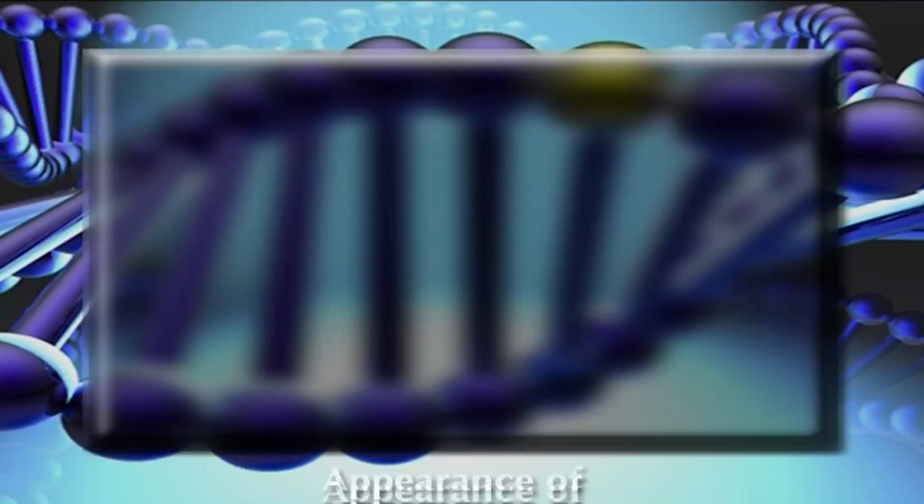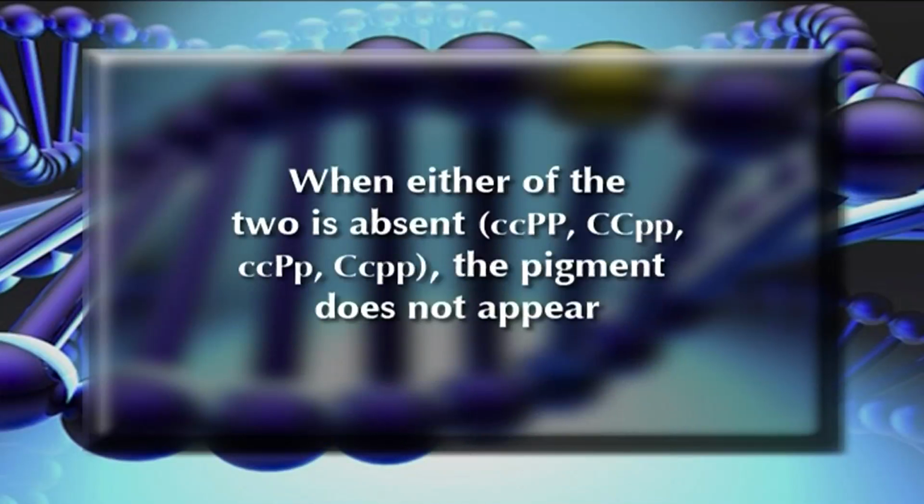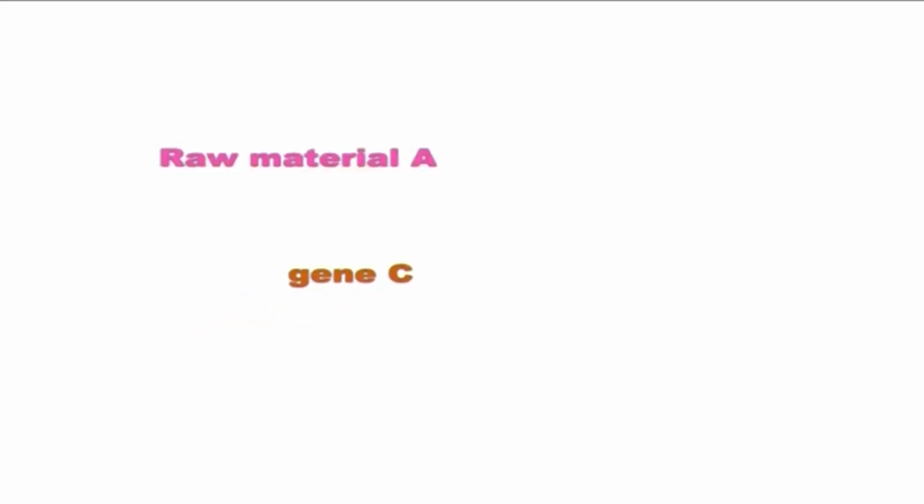9:7. The appearance of purple color in 9/16 of the population shows that the color is determined by dominant alleles of two genes. When either of the two is absent, the pigment does not appear. It is believed that the dominant gene C produces an enzyme which converts the raw materials or substrate into chromogen.